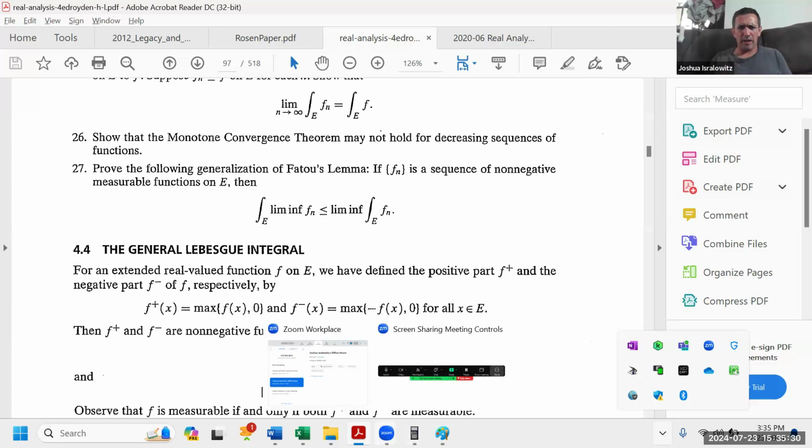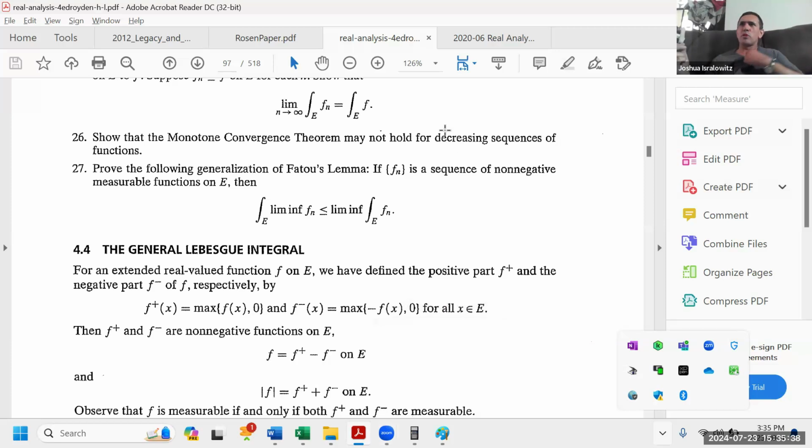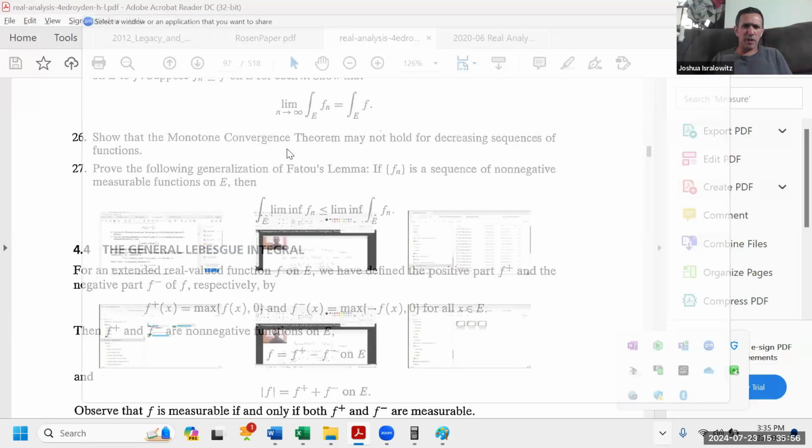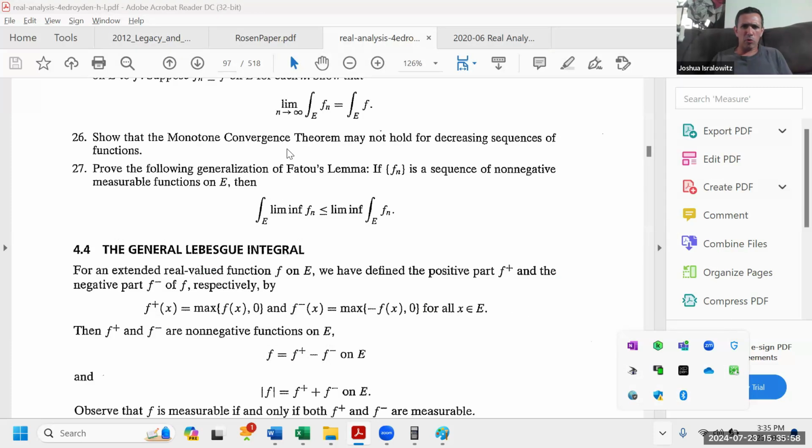It's something that us analysts would just use without giving it much thought, because we're so wired into thinking that excising sets of measure zero is so trivial, it's not even worth calling it a new generalized Fatou's lemma. So let me share the board before I say anything else.